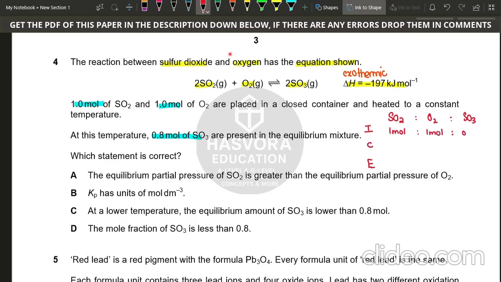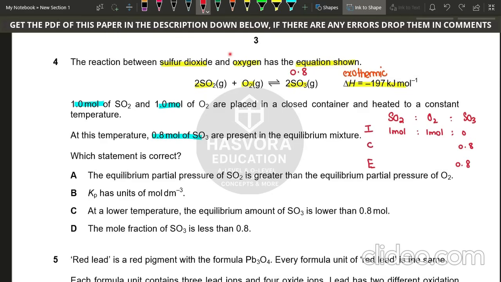Now what is the change? The change is 0.8 because at equilibrium we have 0.8 mole of SO3. If 0.8 mole of SO3 is the change that is occurring, now you can check the ratio between the SO3 and the O2. It is 1 to 2.